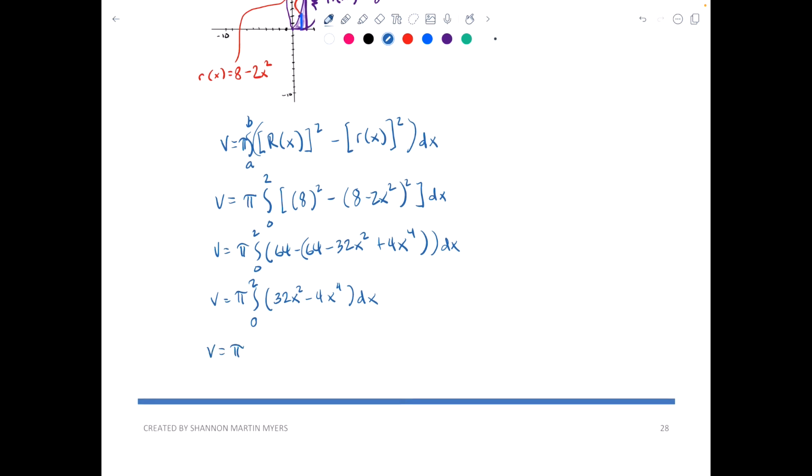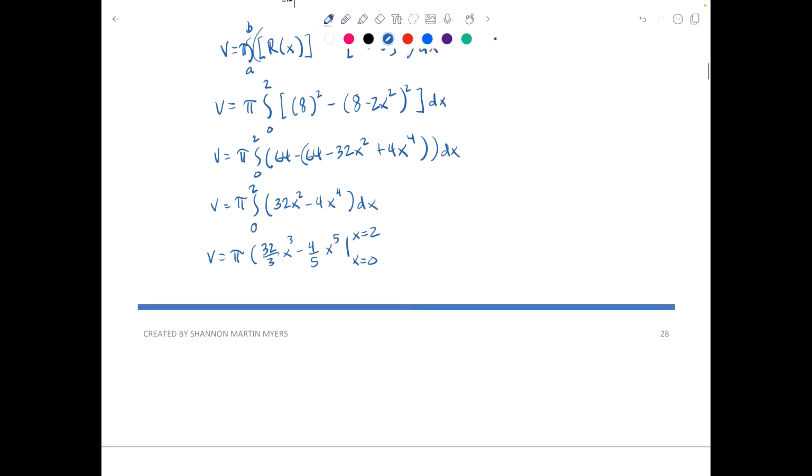Integrating, we will have 32 thirds x cubed minus 4 fifths x to the 5th. That's going from x is 0 to x is 2. Again, that lower limit of integration will zero out.